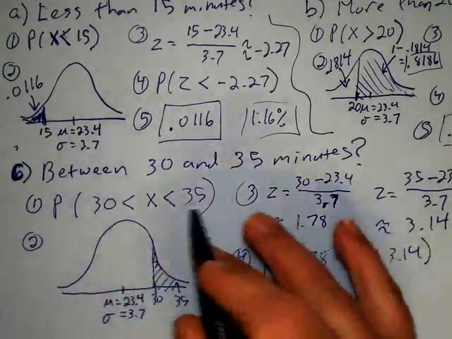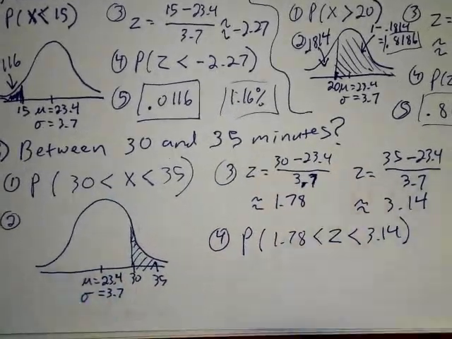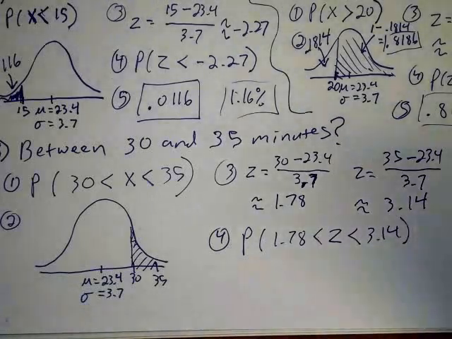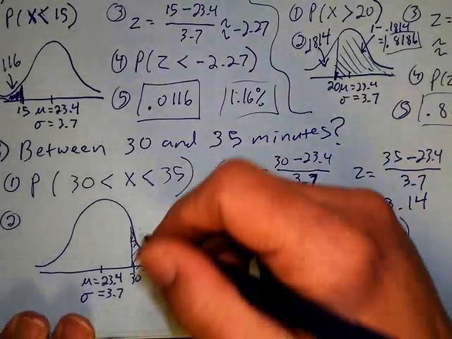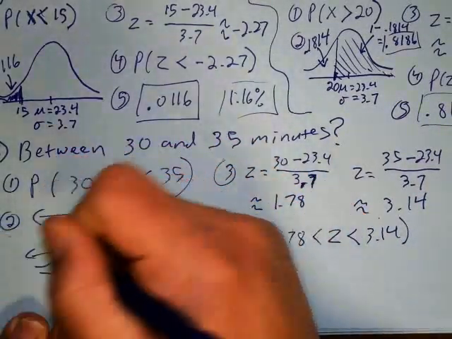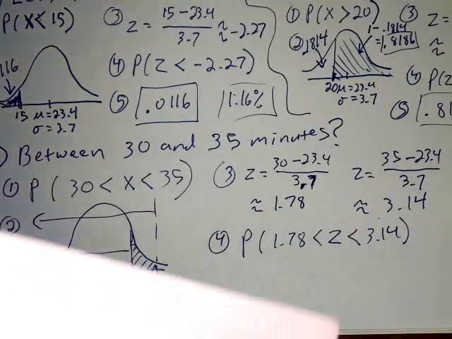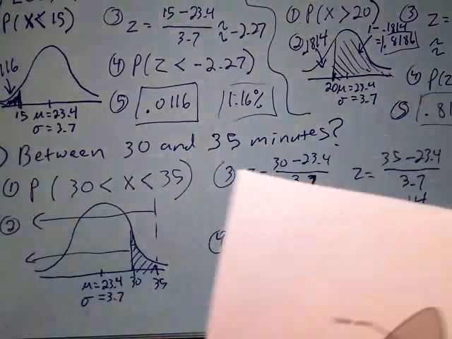Now I've reduced this down to its z-score probability. Of those 3 cases, less than, greater than, between, this is a between probability. So this means I have to look both of these up, find the 2 areas, and then subtract the 2 areas. They're both on the positive side.